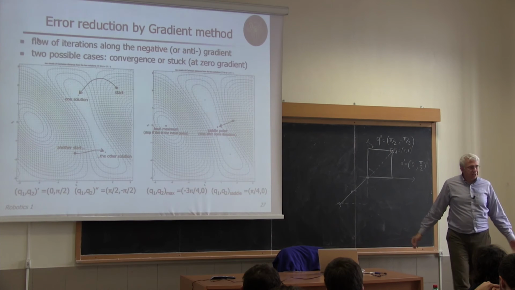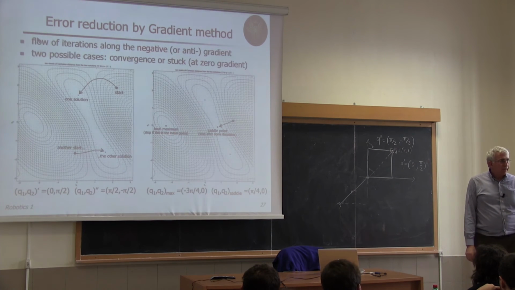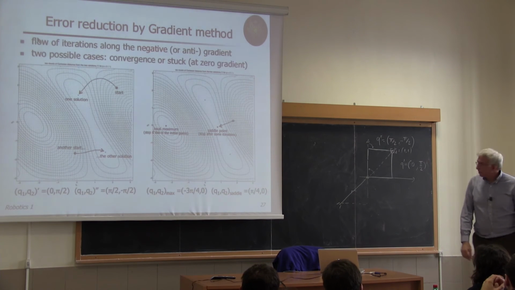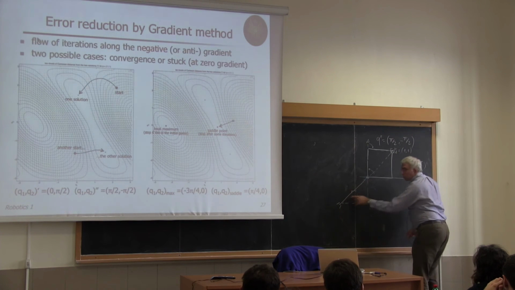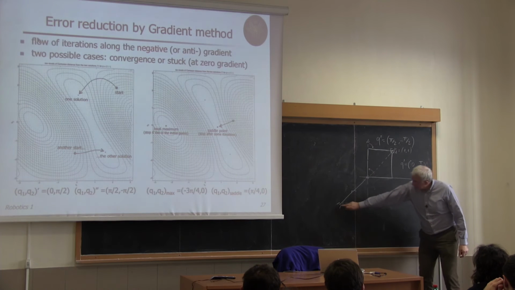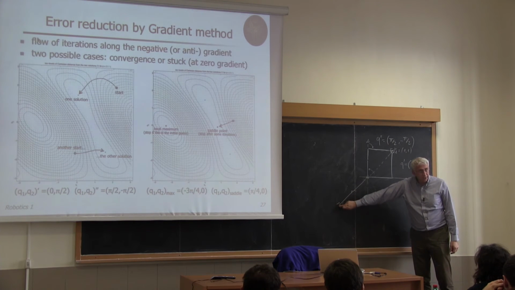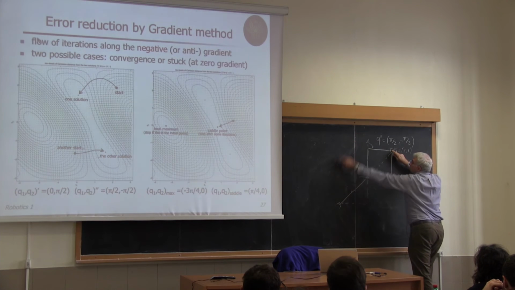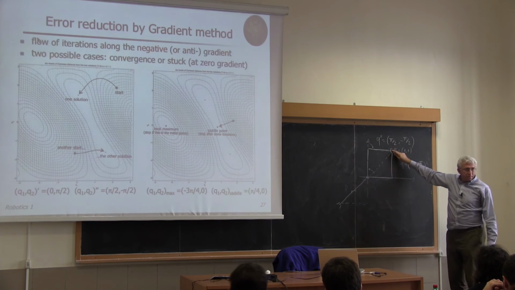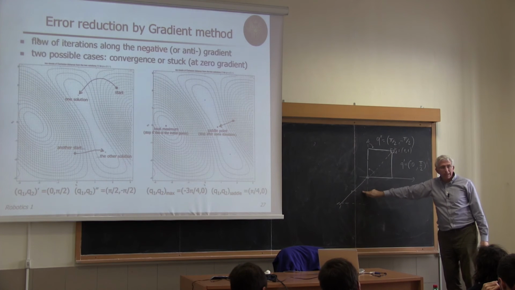Aren't you the farthest possible from the desired point? Remember that the workspace is a circle of radius 2. So you are on the boundary of the circle, and the farthest away from here, any other boundary point will be closer to this point. Okay, so this is the local maximum.